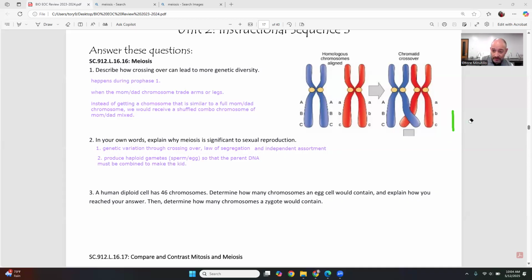Now, I want to talk a little bit about independent assortment real quick. Independent assortment is when homologous chromosomes line up in prophase one.